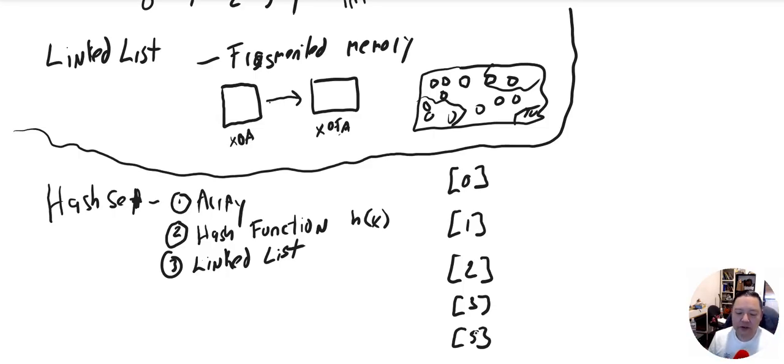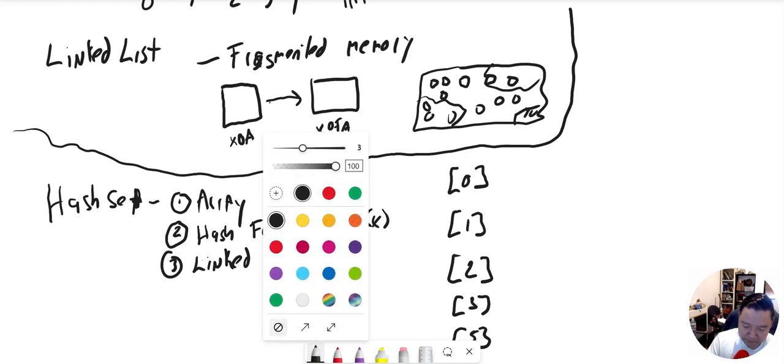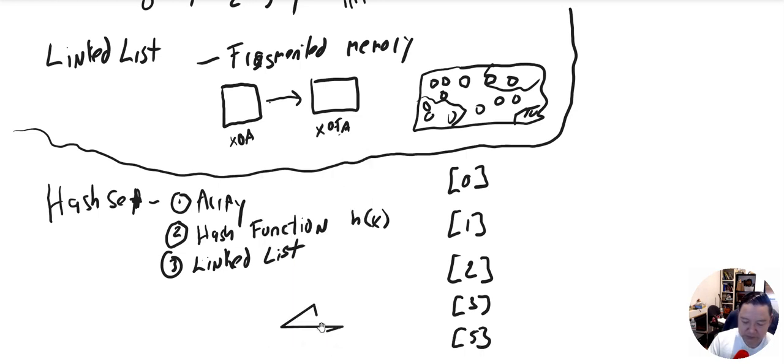But now what happens? If I add an element to a hash set, this element is going to go through this hash function. Let's say, and again, I'm being very simple here, we want to insert the number 5.